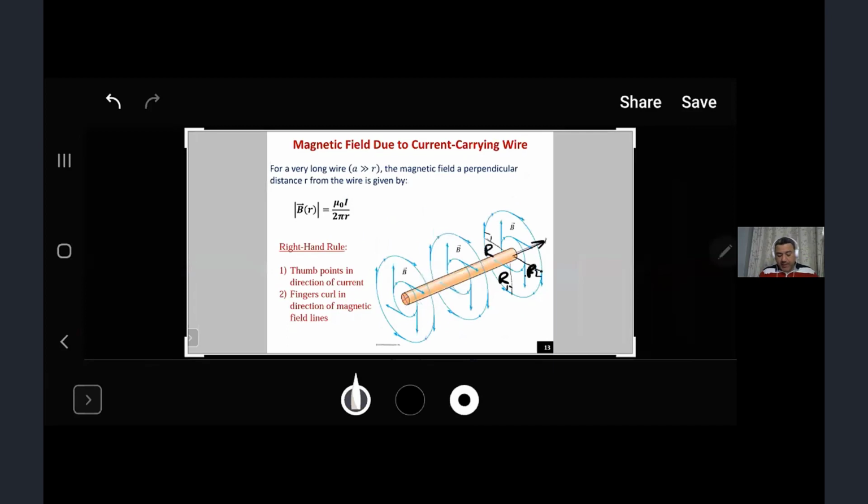Okay, now let's extend the equation that we found for an infinite wire.